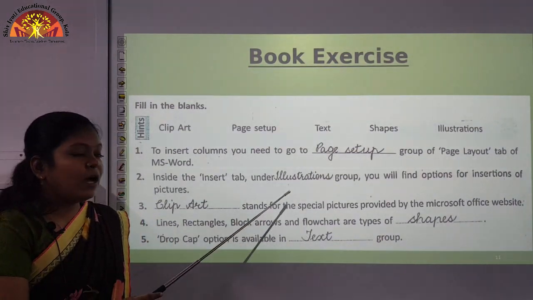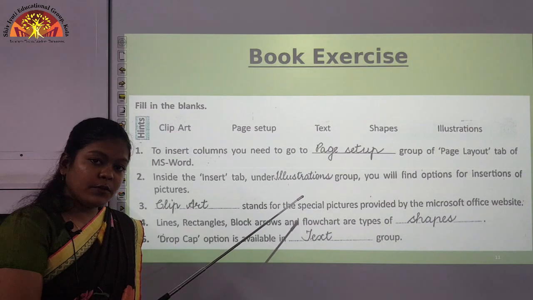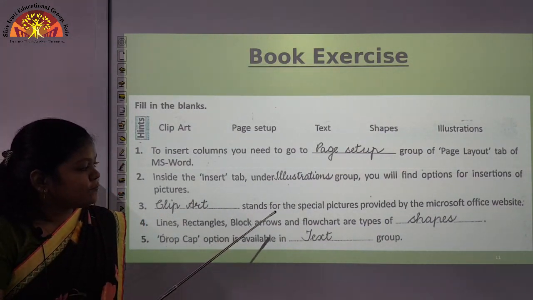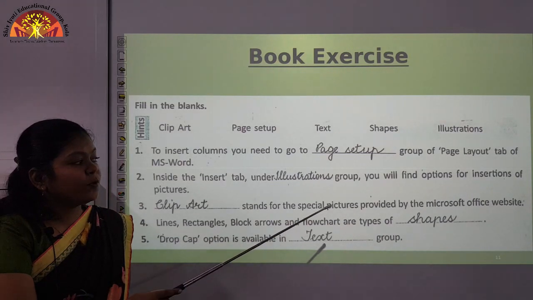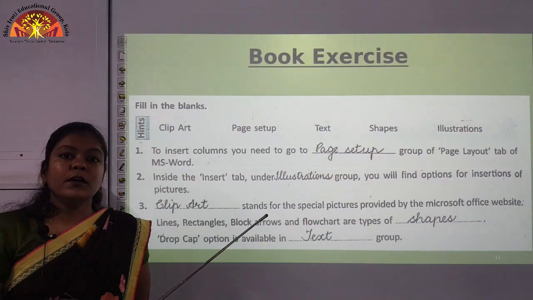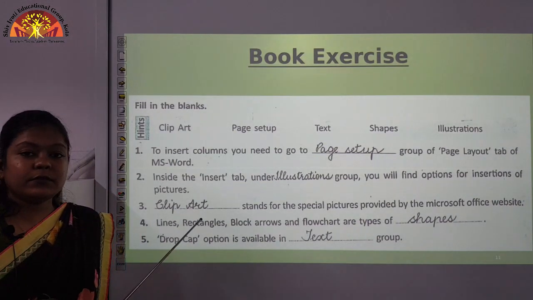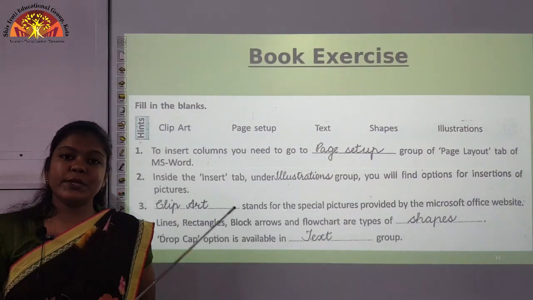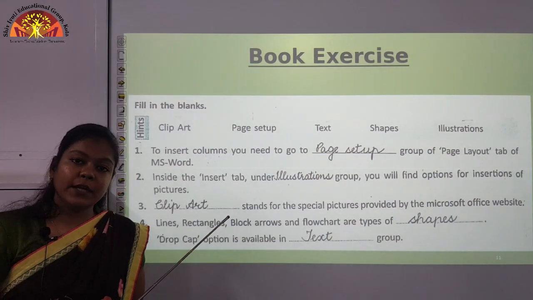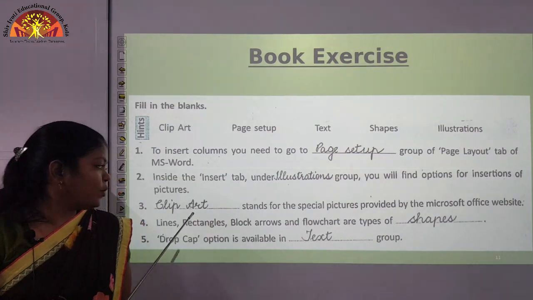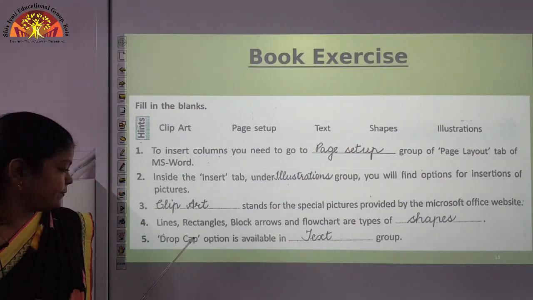So, you have to write here illustrations. Next, dash stands for the special pictures provided by the Microsoft website. Want to insert a picture from the website, then you have to click on the online pictures option. Here we have two options to insert the picture online. First we have clip art and next we have Bing search engine. So, here you have to write clip art.